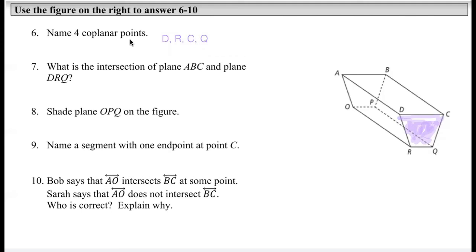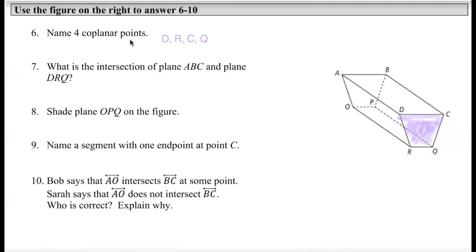When we have a solid figure like this, the planes are nothing more than the sides or the faces of the solid. So if you can imagine a package in the mail shaped like a rectangular box, let's say from Amazon, that box has several sides, and those sides each would represent a plane.